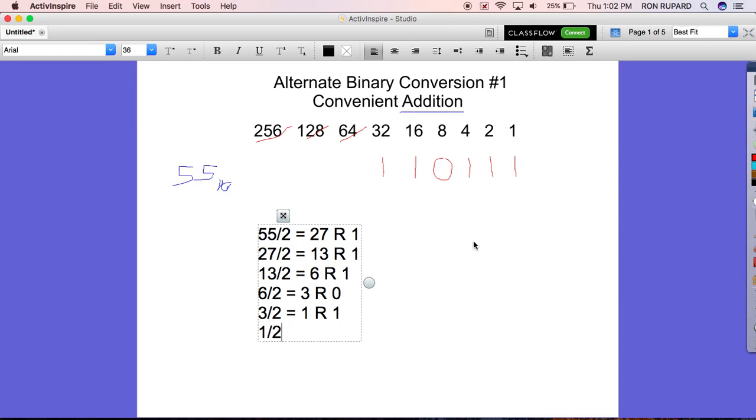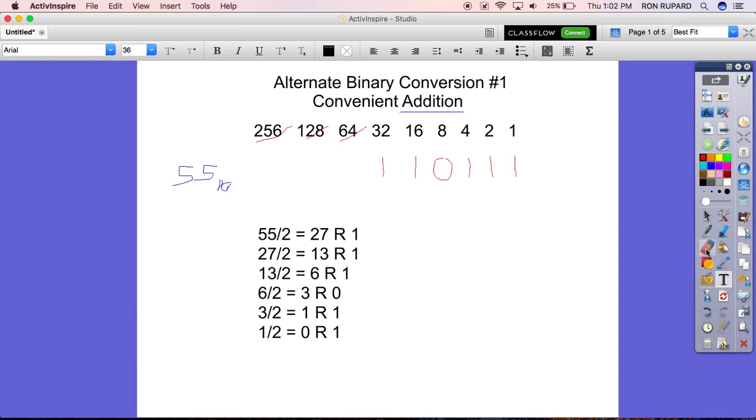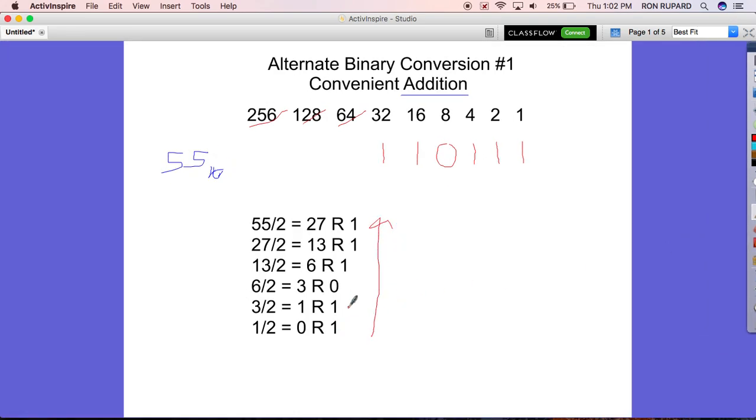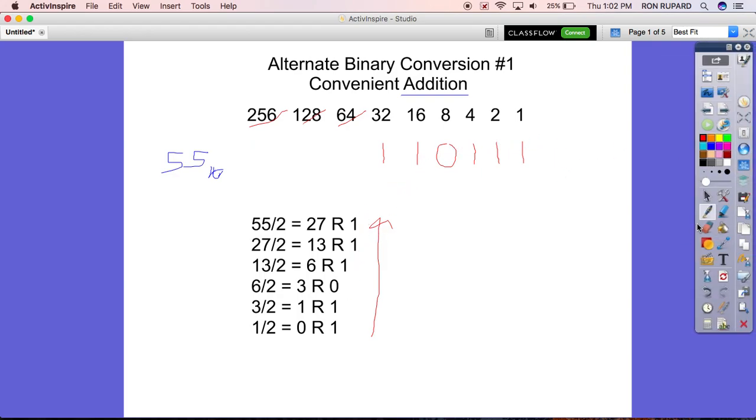And 1 divided by 2 is 0, remainder of 1. And remember, when you do the divide by 2 method, you read from the bottom up. So 110111. That's pretty cool.